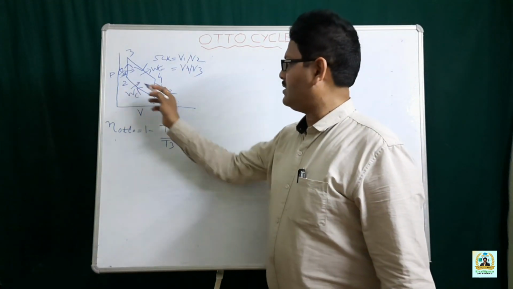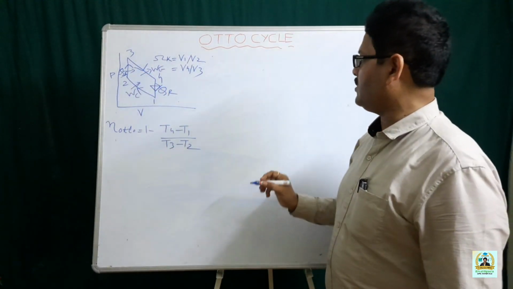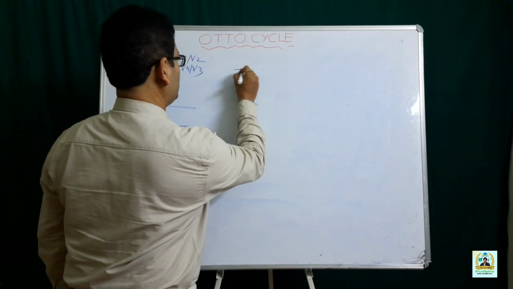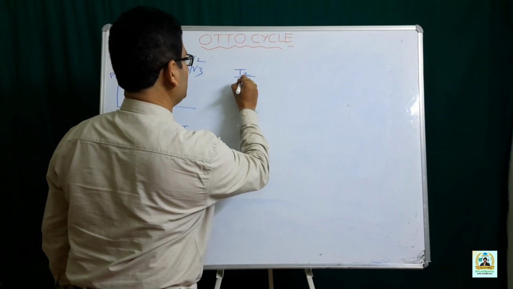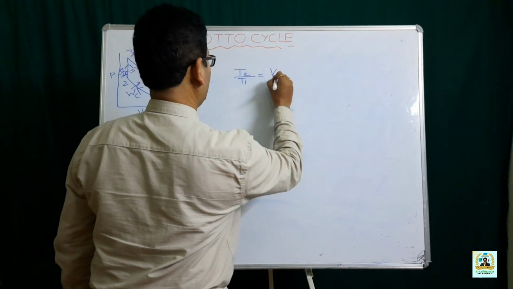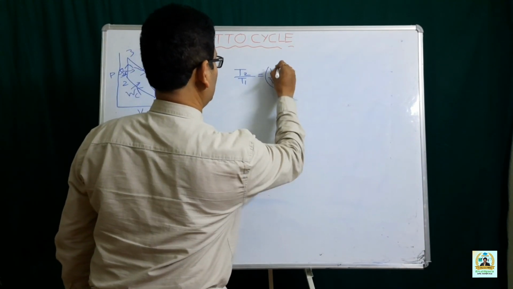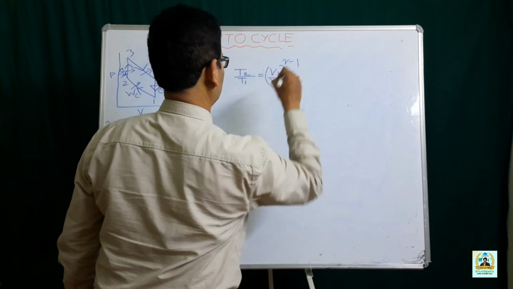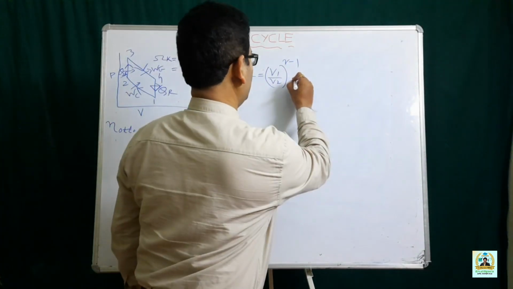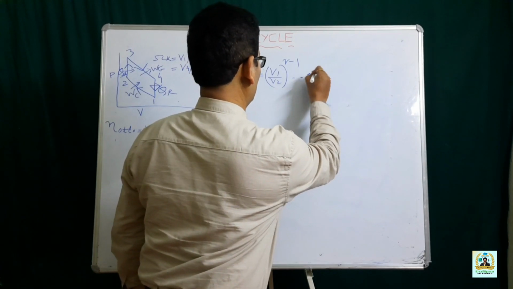First, let us consider the isentropic compression process 1-2. So for isentropic compression process 1-2, T2 by T1 is equal to (V1 by V2) to the power gamma minus 1. And this is your equation 2.